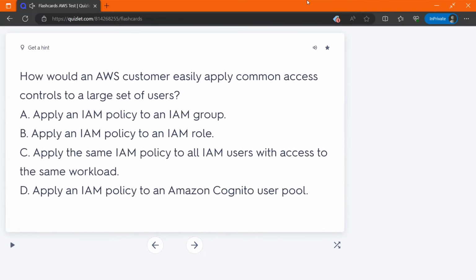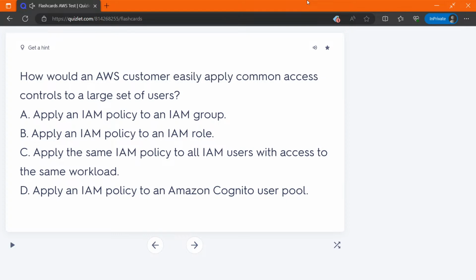How would an AWS customer easily apply common access controls to a large set of users? Well, I will say by using a policy on a role, but to a group. I forgot.